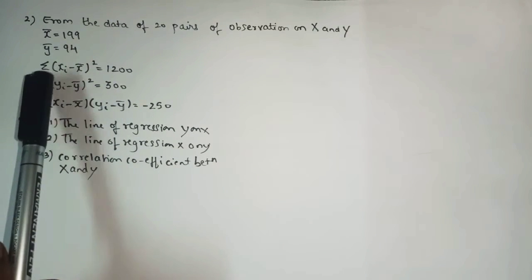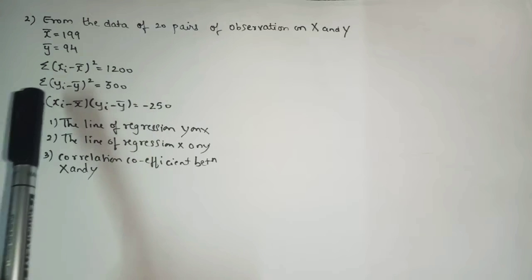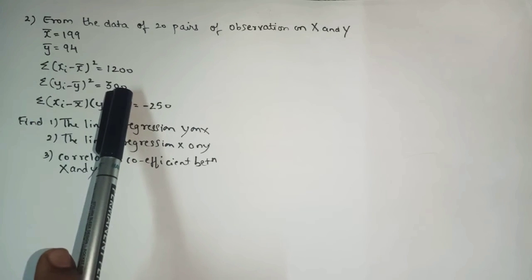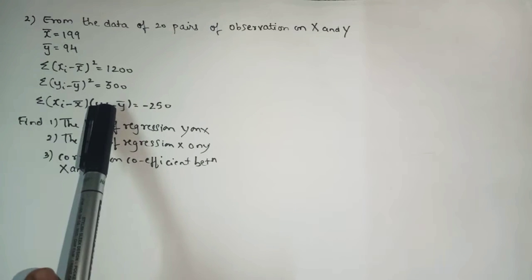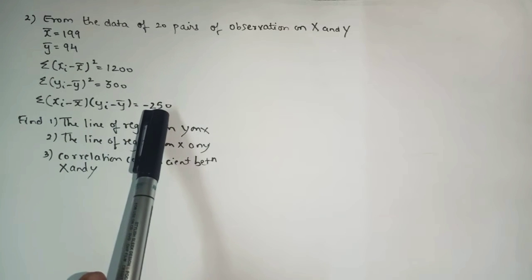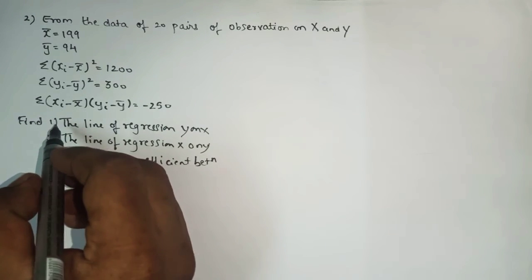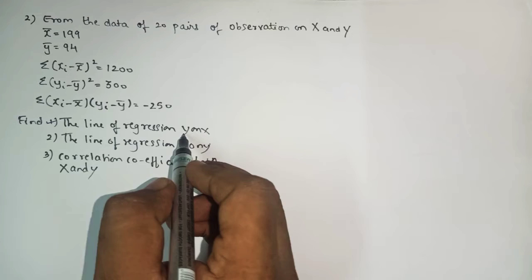Here we have total of (xi minus x mean) the whole square equals 1200, (yi minus y mean) the whole square equals 300, and the product of these two, (xi minus x mean)(yi minus y mean), equals minus 250. So we'll see what exactly we have to find in the first one, that is the line of regression y on x.